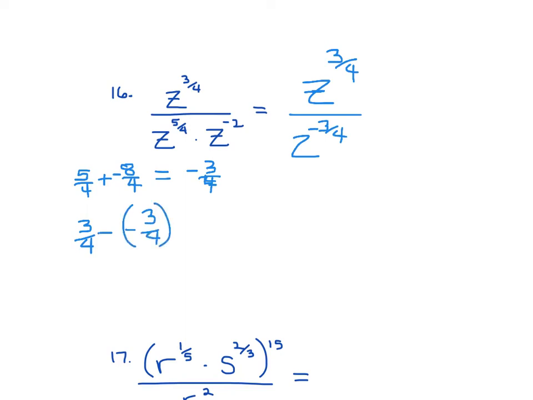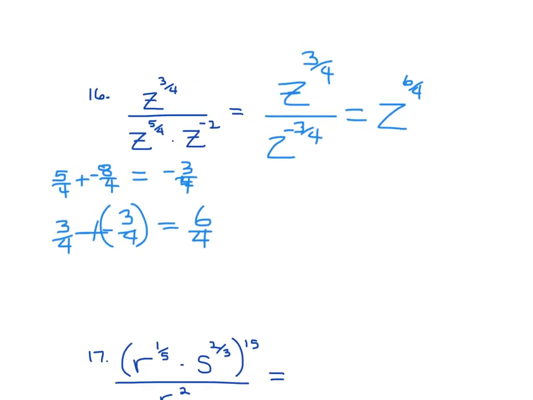So this becomes a plus sign, and I get 6/4. So z to the 6/4. And I'm going to reduce that to z to the 3/2. And that's my final answer there.